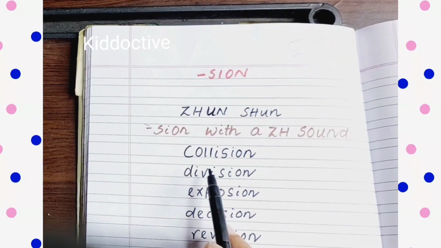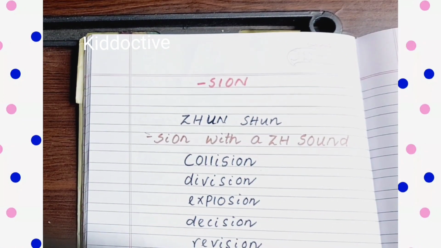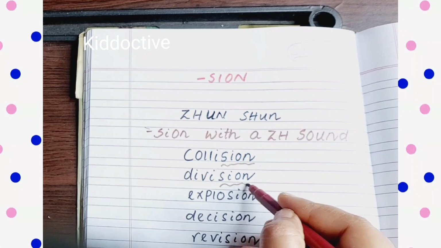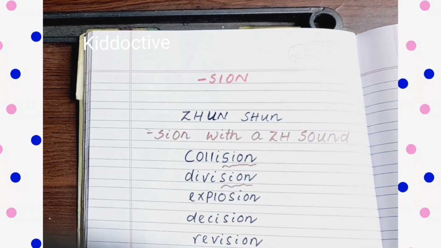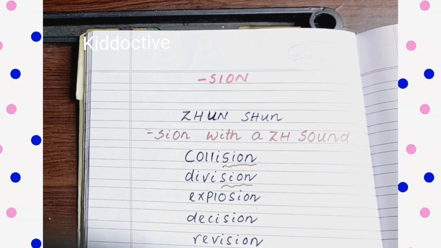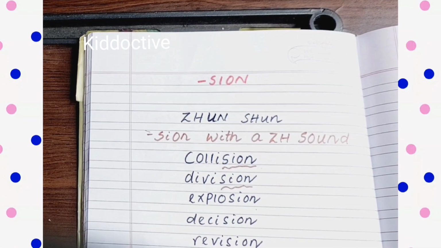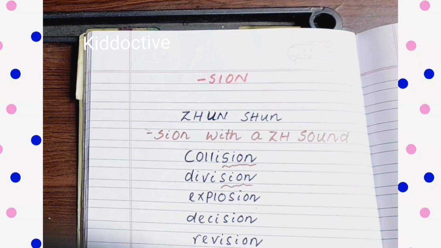Okay, so here in these words you can see sion at the end, but when we are going to pronounce, so collision, division, explosion, decision, revision, occasion. Okay, what you found in the last sound?